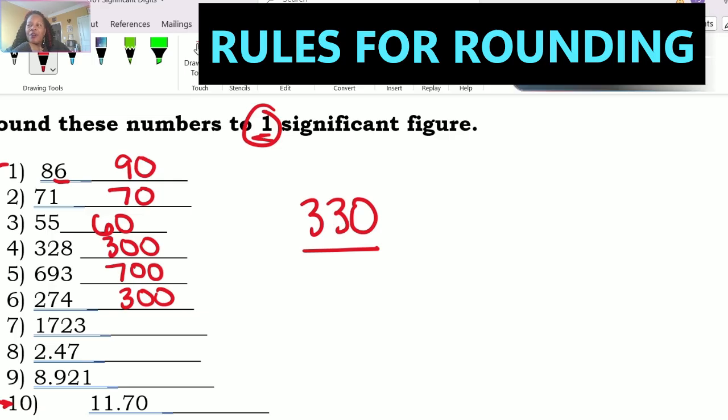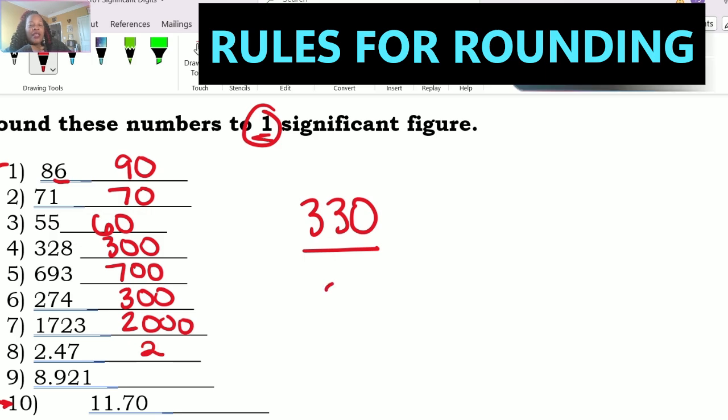Okay. Number 7. $1,700. How much is it in one significant digit? Y'all got it. 2,000. Very good. Number 8. 2 is correct. Just 2.